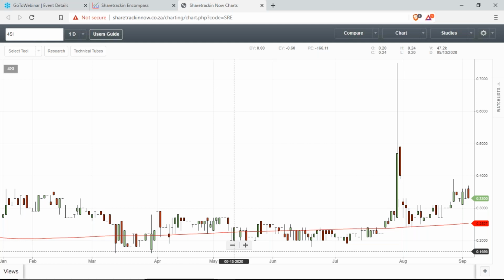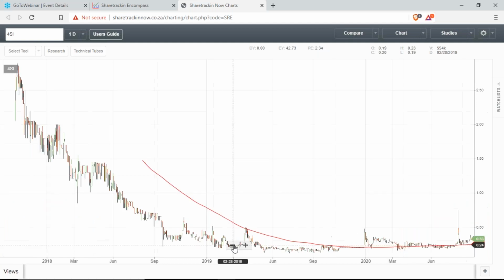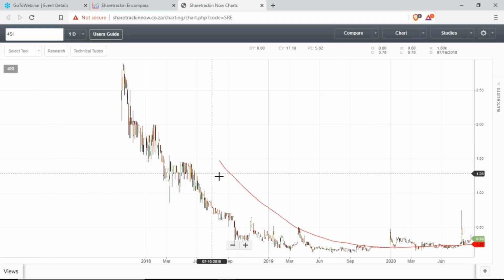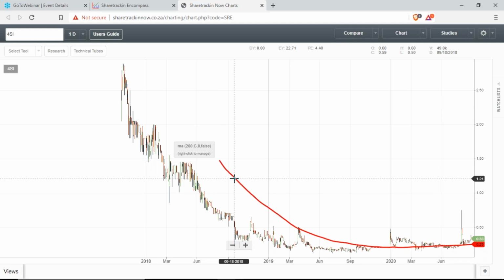And I take out the bigger picture. You can immediately see why we don't want to invest in a share that's below its own average. Because as soon as it's below its own average, it creates a problem for us, and basically we are going to buy in and more likely be guaranteed that we are going to lose money if we invest in a share like this.